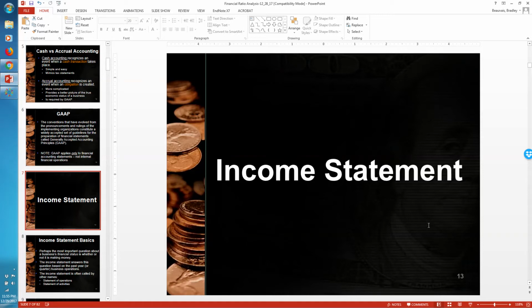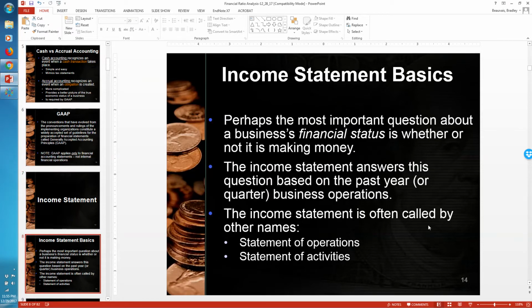Okay, now the income statement, in my humble opinion, is probably the most important financial statement, especially if we're looking at any sort of short-term understanding of whether an organization is really doing well or not.